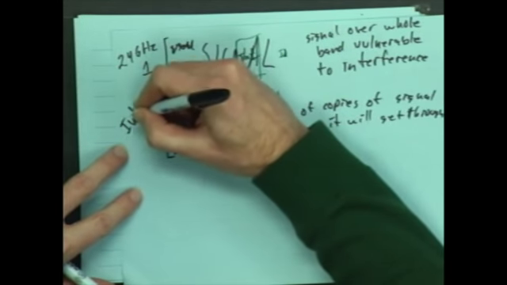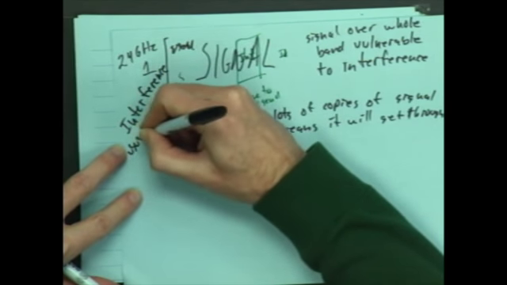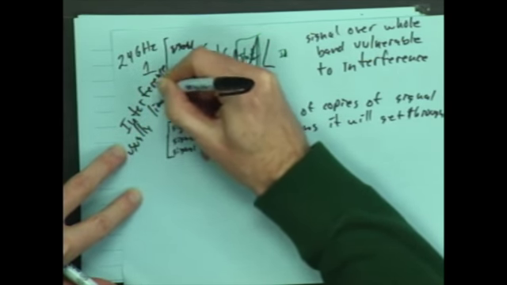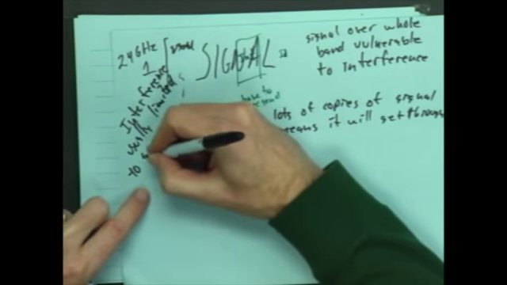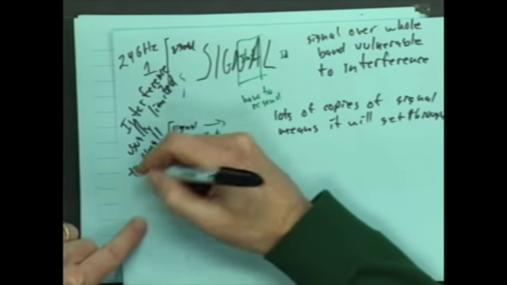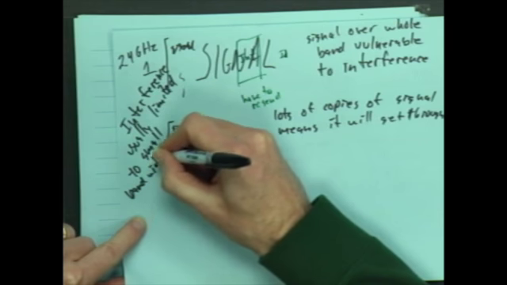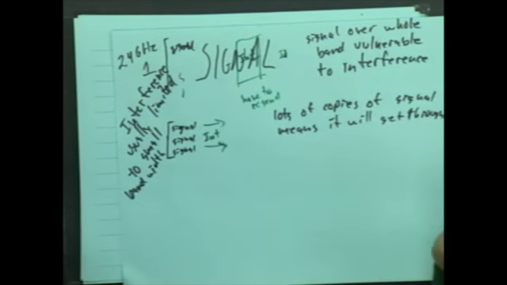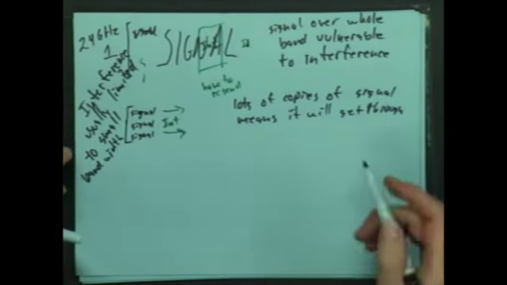So interference is usually localized. I'll write that here. Interference to a small bandwidth. So it's really only at certain frequencies that the interference comes through, all right? So lots of copies of the signal. So here we go.